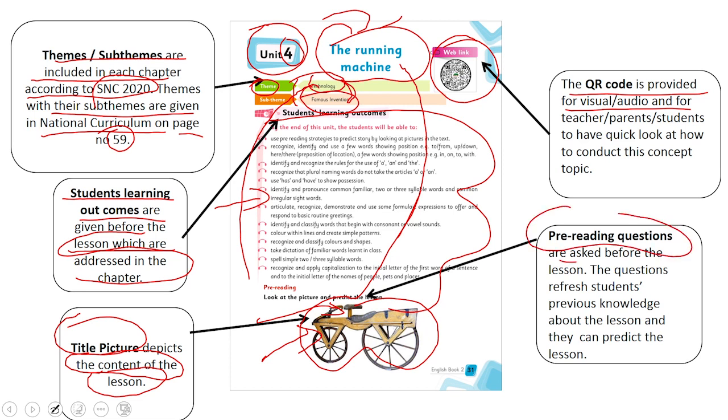Pre-reading questions are asked before the lesson. These questions refresh students' previous knowledge about the lesson, and they can predict the lesson. They say, look at the picture and predict the lesson. If you look at the picture, you can have an idea what the lesson is about. Or it may contain a question to check your previous knowledge.